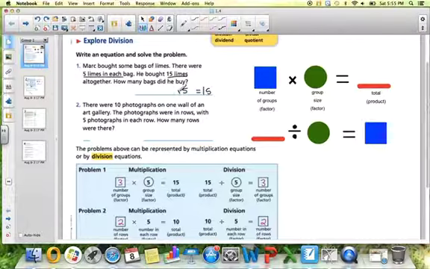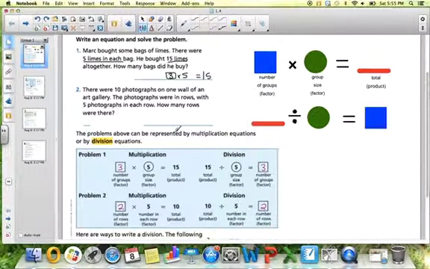But what we don't know is this number. So get out your counting fingers and count to 15. 5, 10, 15. How many fingers do you have holding up? 3. So there were 3 bags with 5 limes in each. Super easy, not that hard.